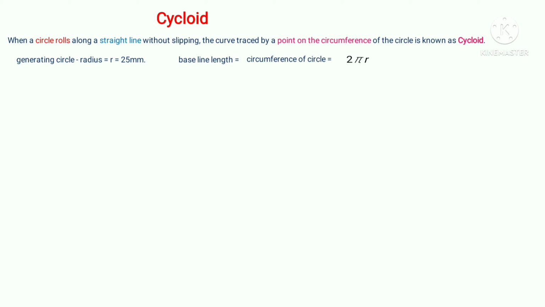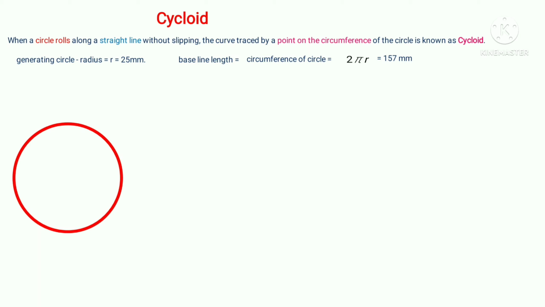Now to draw the cycloid, we need to draw the generating circle, which is denoted here in red color. So this one is the generating circle. First we need to draw a circle of radius 25 mm. Now this circle has to be divided into 8 equal parts.